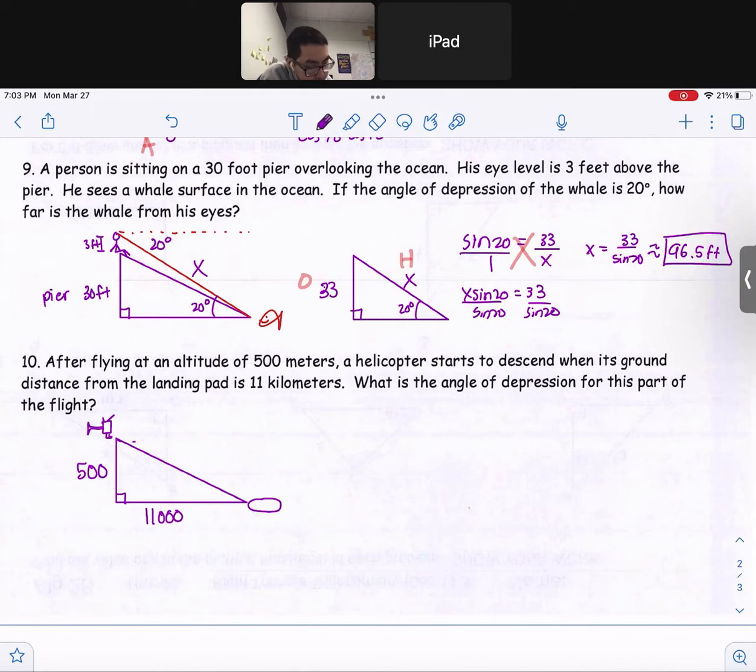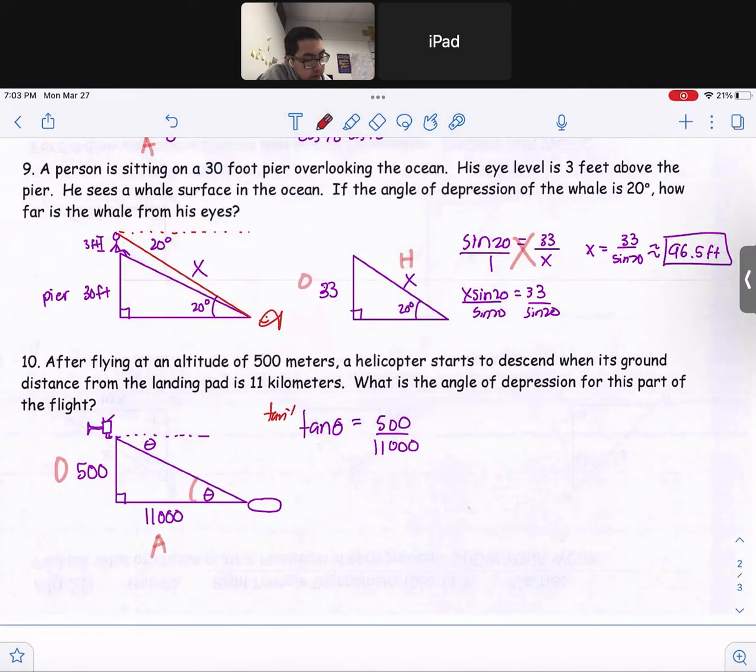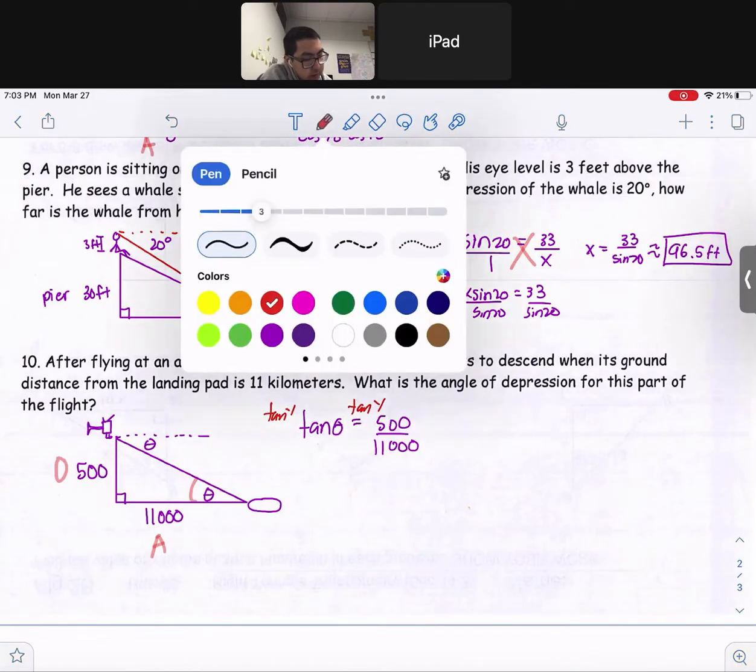So here, the angle of depression is the angle formed with the ceiling, right? Which is the same thing as angle of elevation. So what's the angle of depression? Well, from the perspective of this angle, this is opposite over adjacent. So it's tan theta equals opposite over adjacent. And to solve for that angle, you guys gotta do tan inverse to both sides.